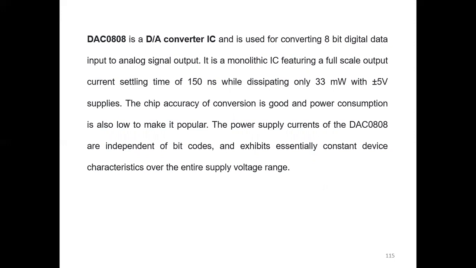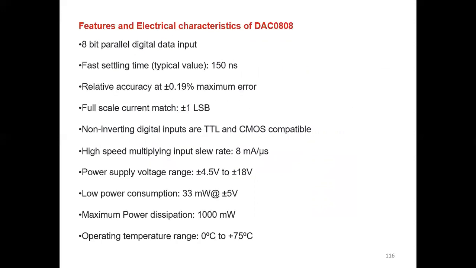It is a monolithic IC featuring a full-scale output current settling time of 150 nanoseconds, while dissipating only 33 milliwatts with plus or minus 5 volt supplies. The accuracy of conversion is good and the power consumption is low, which makes it popular. The power supply currents of the DAC0808 are independent of bit codes and exhibit essentially constant device characteristics over the entire supply voltage range.